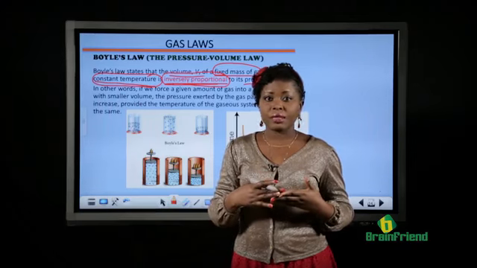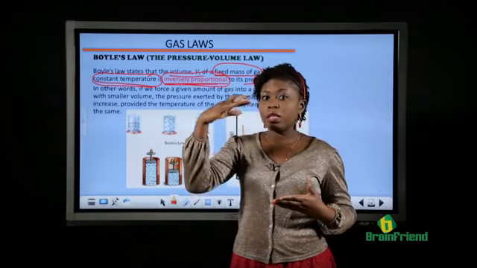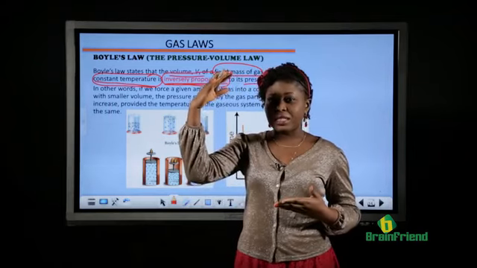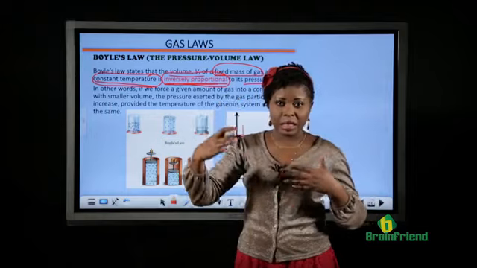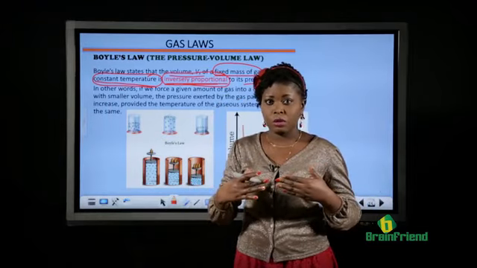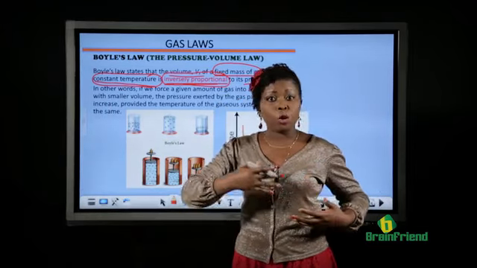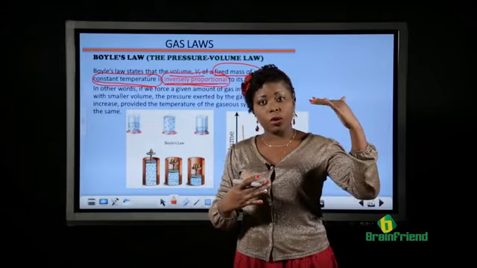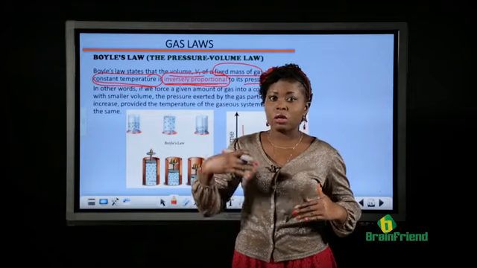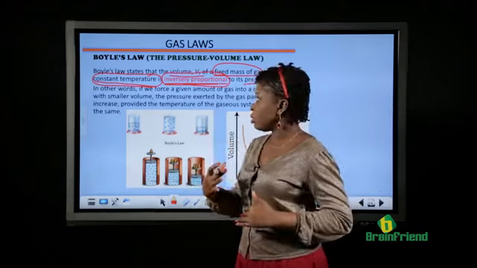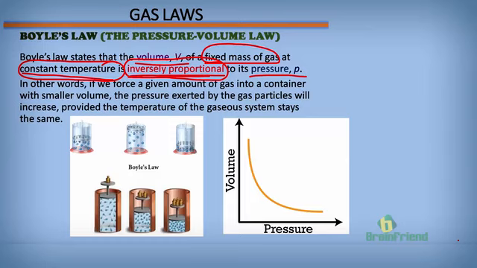So this simply means that when one variable is going up or increasing, the other variable is decreasing. They are indirectly proportional to themselves, like they are moving in opposite directions. When one is going up, the other is coming down, or when one is coming down, the other is going up. So that is what we mean by the volume of the gas being inversely proportional to the pressure of this gas.